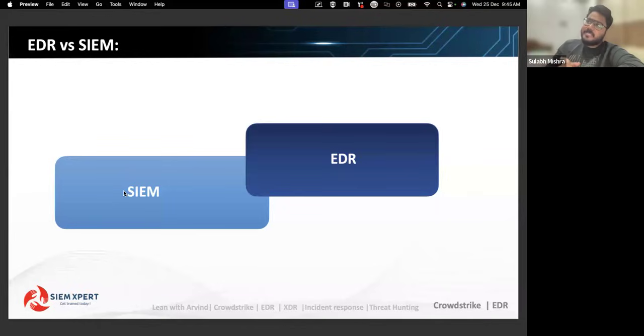And next, in SIEM, we have to tell what needs to be detected, the rules that I need for the correlation. But with EDR, do we need to tell it what kind of data needs to be caught or detected?